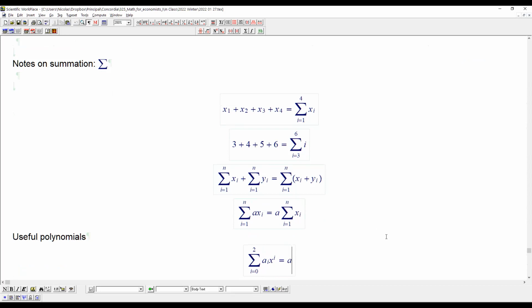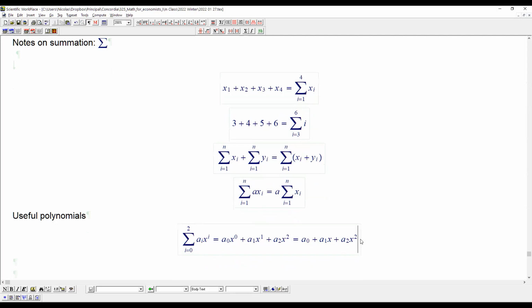I get a0 x to the 0, plus a1 x to the 1, plus a2 x squared. So it's of course equal to a0 plus a1x and so on. So that's if you want to have a compact way of expressing a polynomial. You just put all your terms, but of course the thing is these a_i are specific to each term. But yeah, that's a way to do it.